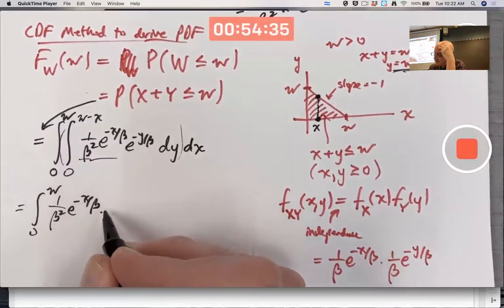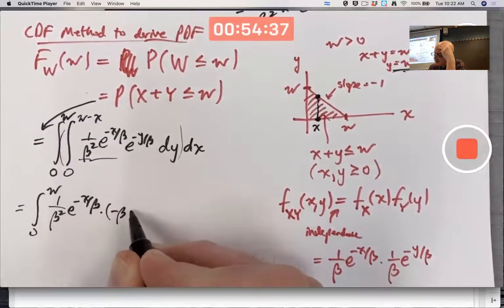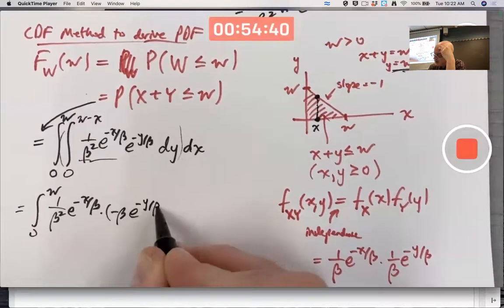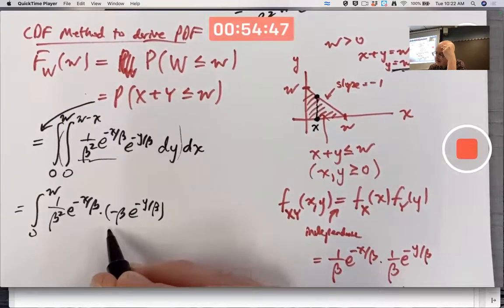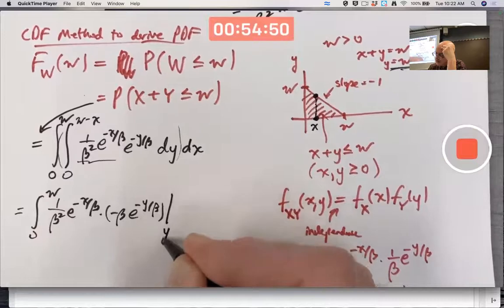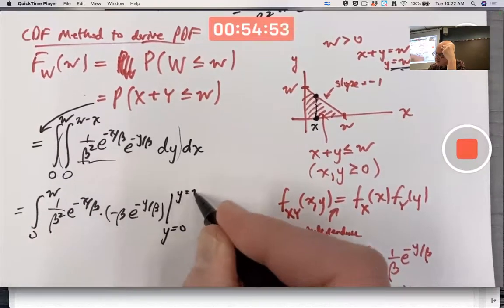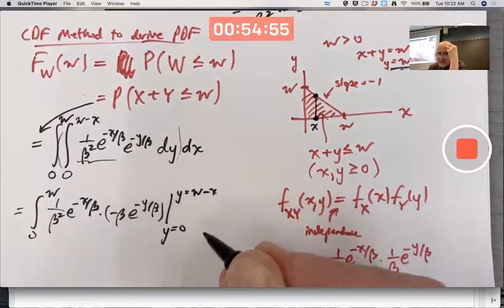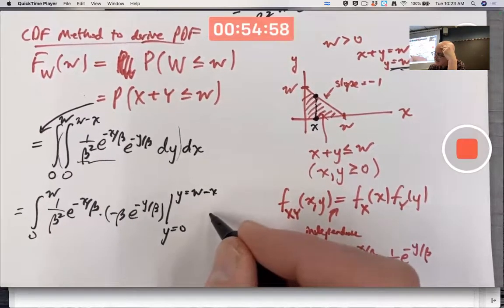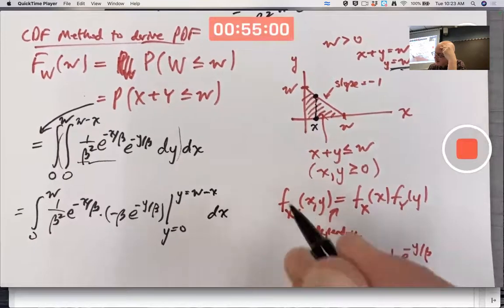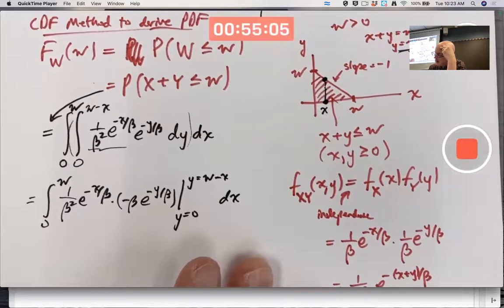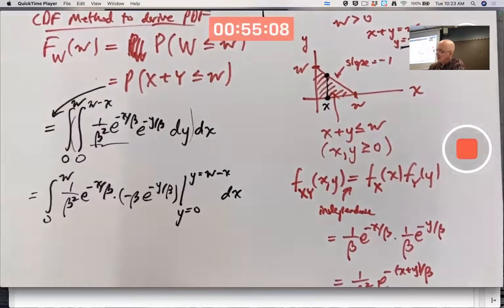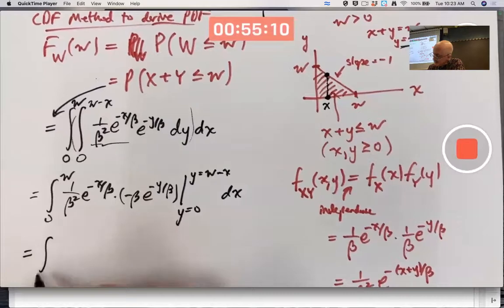That should give me an extra factor of negative beta, because if I differentiate this with respect to y and use the chain rule, I'll get an extra factor of negative 1 over beta, which will cancel with that negative beta to give me 1. Y goes from 0 to w minus x. Yeah, we are going to get the w minus x involved in place of y. What will that do? Let's just see what happens.